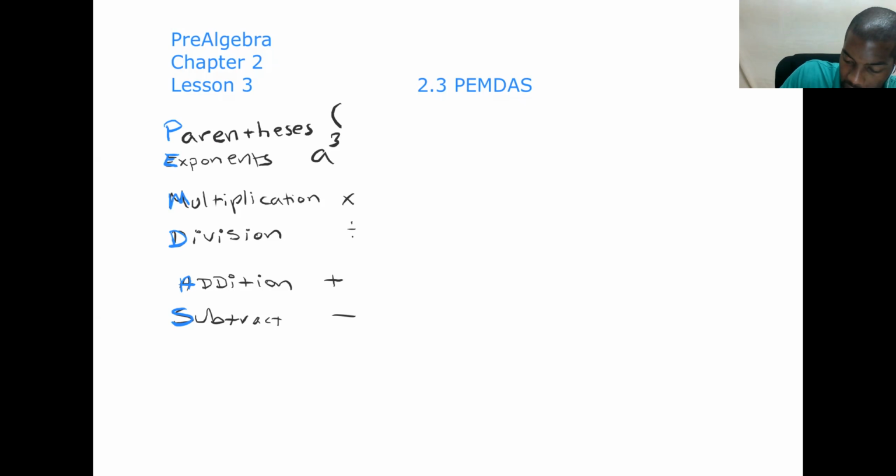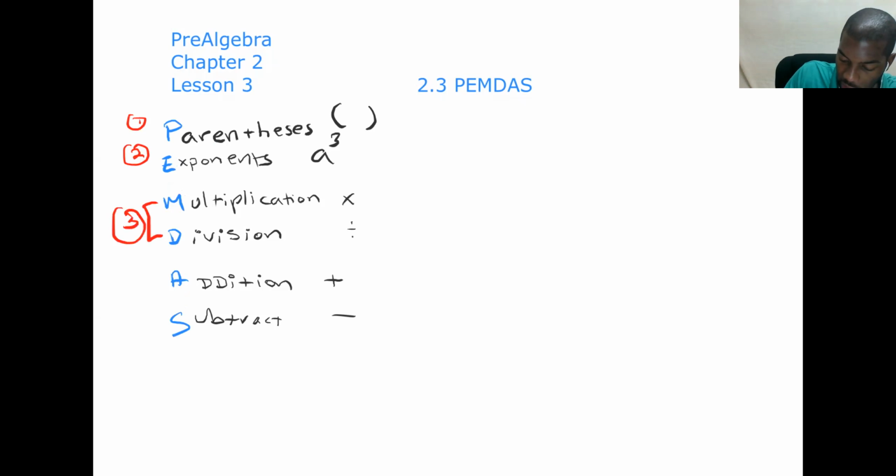Altogether, this spells PEMDAS. First, you do your parentheses, then your exponents, then multiplication or division, whichever comes first. Then you do addition or subtraction, whichever comes first. And that is called PEMDAS.